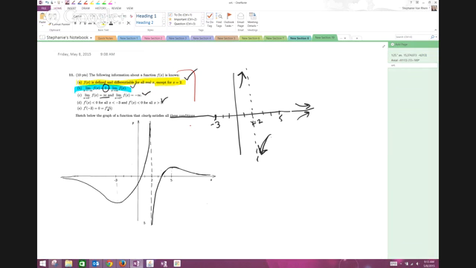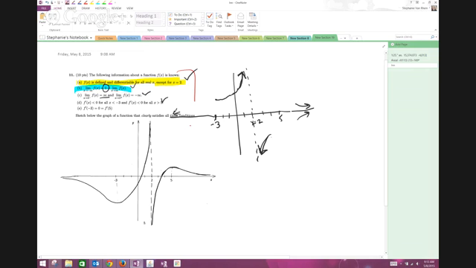Looking at this, there are multiple solutions, multiple ways to come about it. I know that I need to have a maximum or a minimum here. So I have to approach 0 as x goes to minus infinity.